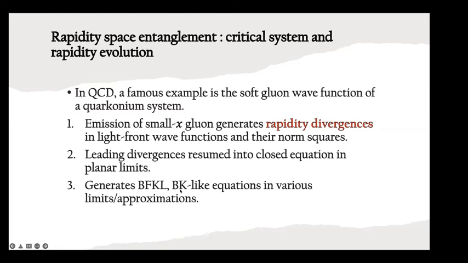And this also gives rise to BK-like equations for scattering cross sections in different approximations. And finally, these light-front wave functions naturally unitarize. So at least you may think that this does not generate non-physical behaviors for the S matrix or the cross sections.